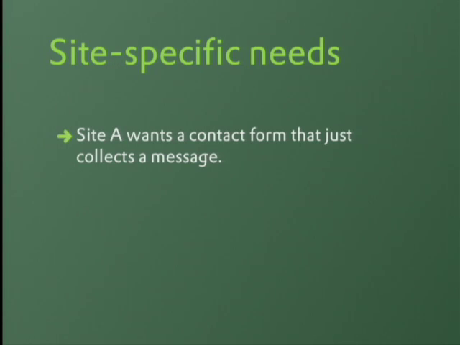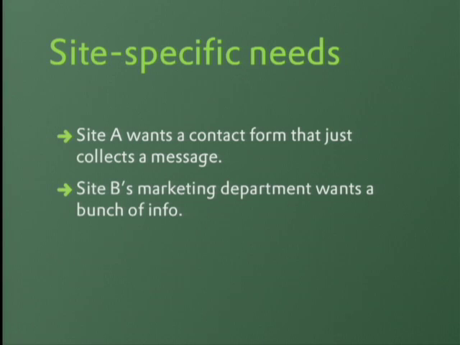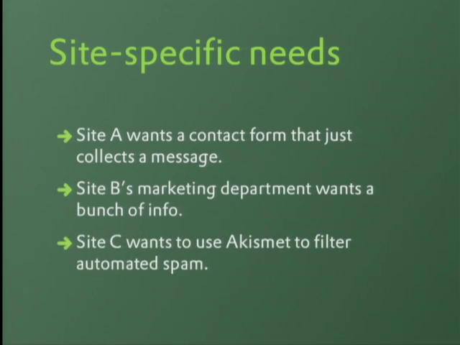But that other guy over there, he's got that pesky marketing department. They want to know, how much money do you make, how many people are in your household, that kind of thing. Another site has been getting all kinds of automatic spam. They want to use Akismet to filter their contact form. How are we going to do that and still keep this tightly focused, spinning off features as we need them kind of mindset?